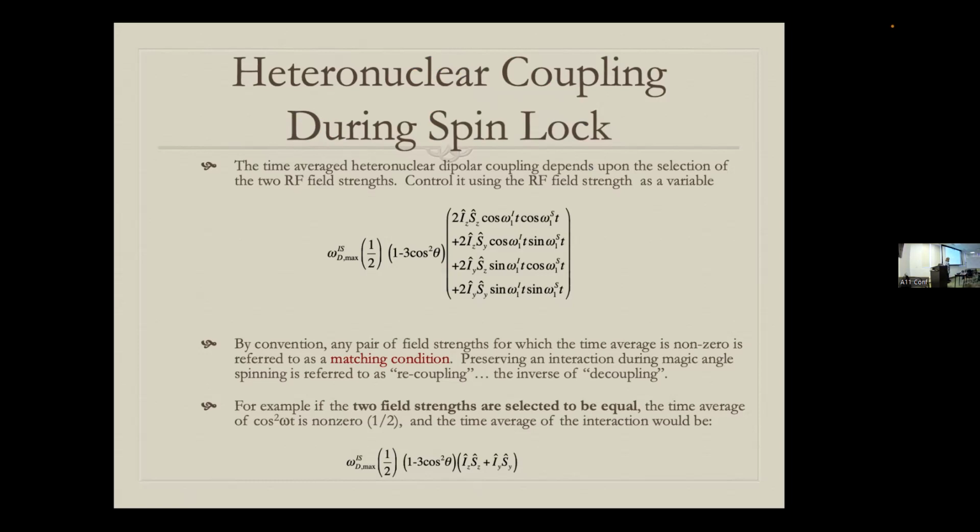The matching condition, I think, is most clearly seen in this doubly rotating frame that we spent most of the class talking about, so that these terms in the dipole coupling have two different time dependencies, one because of the pulse you put on I spin, the other because of the pulse you put on S spin. If those are two arbitrary frequencies, the average of those functions will be 0. If those two frequencies are matched, the average of the function will be 1/2. So that's a way to keep that term.